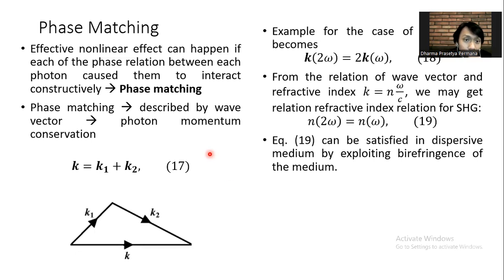For example, equation 17 here is the phase matching condition for sum frequency generation. In sum frequency generation, we want to generate a new photon with frequency omega 3, and this photon has the wave vector k3 here. k1 is the wave vector of the first fundamental photon, and k2 is the wave vector of the second fundamental photon. When sum frequency generation happens, we not only see the frequency summation, but we also have to take care that the wave vectors obey this relation.